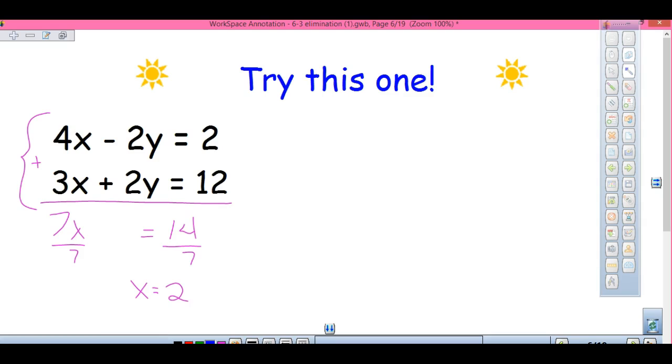Okay, and then we go and we plug it in. So 4 times, what is my x? 2. Minus 2y equals 2. 4 times 2? 8. Minus 2y equals 2. Now what? Subtract 8.